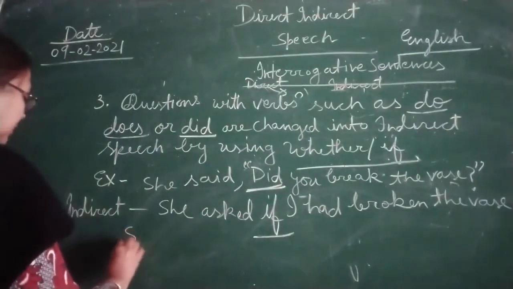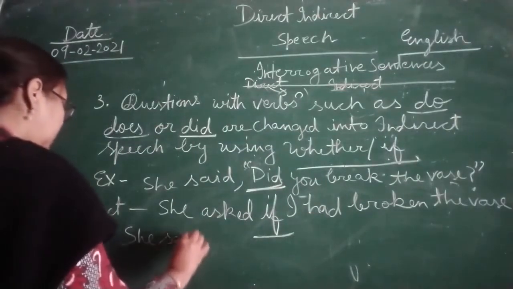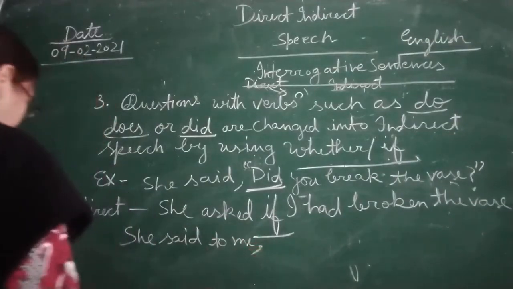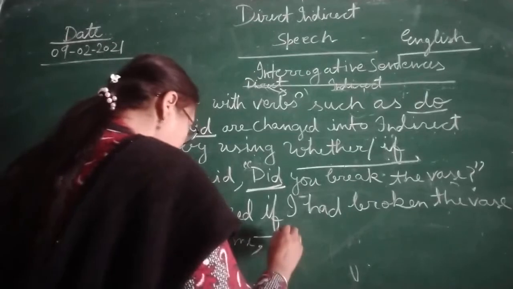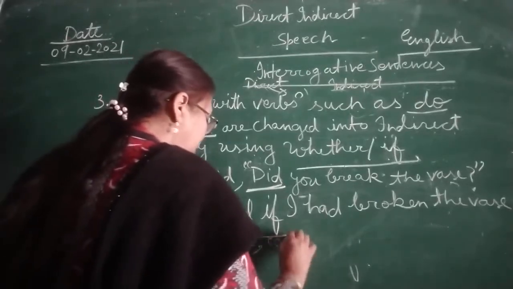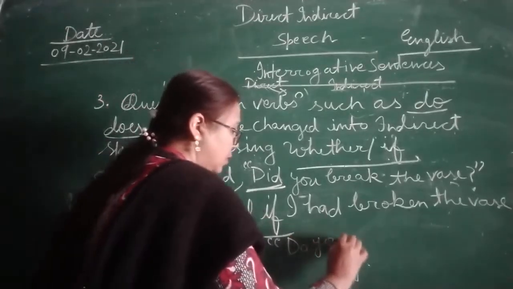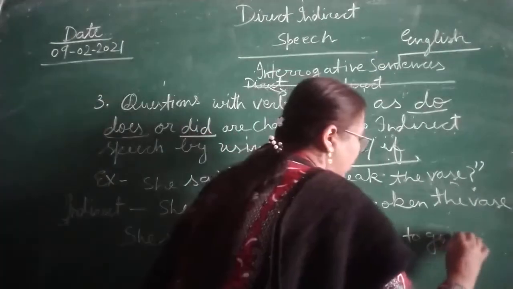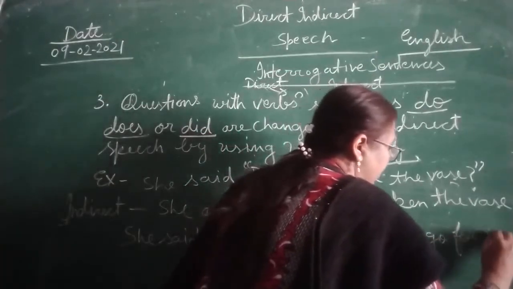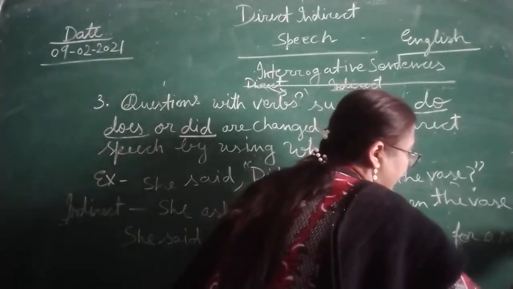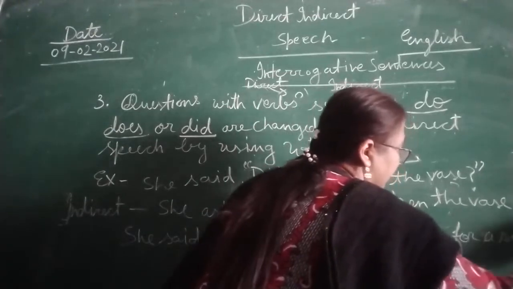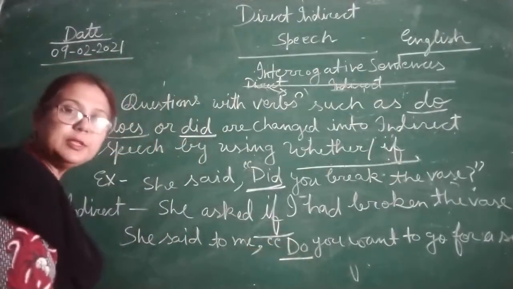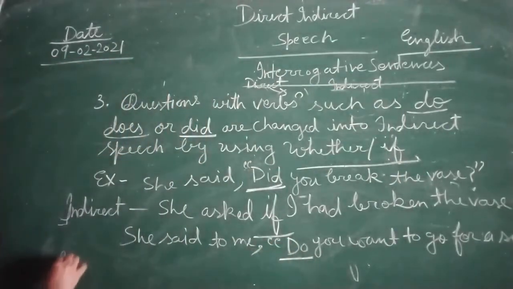She said to me, "Do you want to go for a swim?" Question mark. Now here, children, you can see "do" is there. So we will change it in indirect speech.